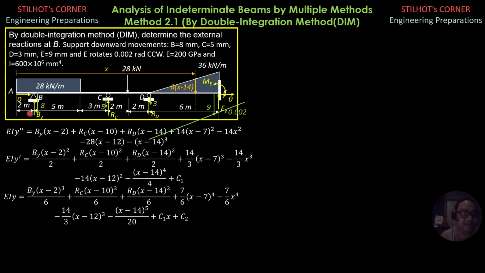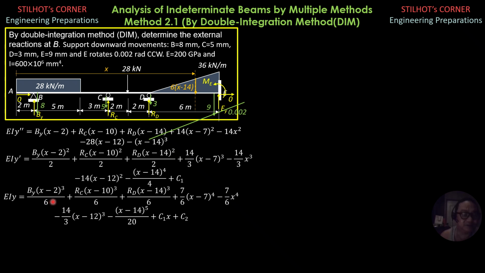First, when x is 2, deflection at B is 0. So this is now the position of support B. That's the origin. Imagine that the settlement there or deflection there is 0.